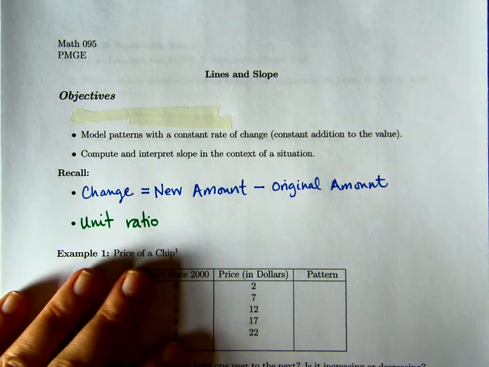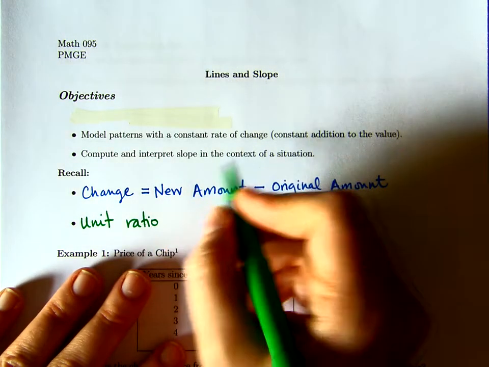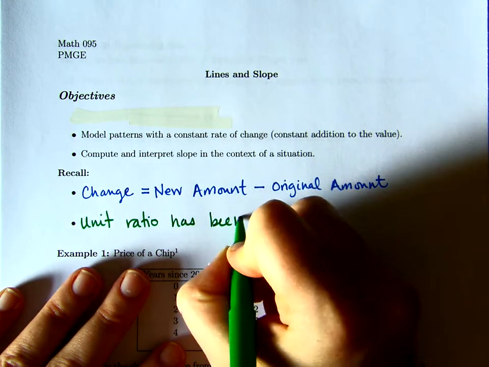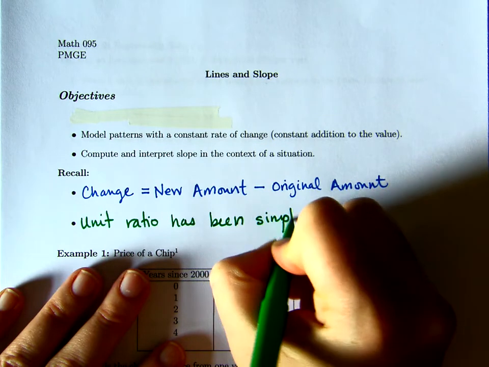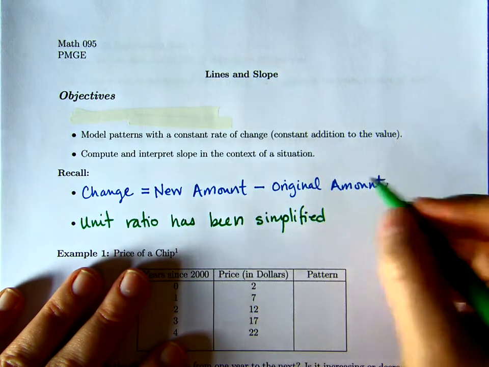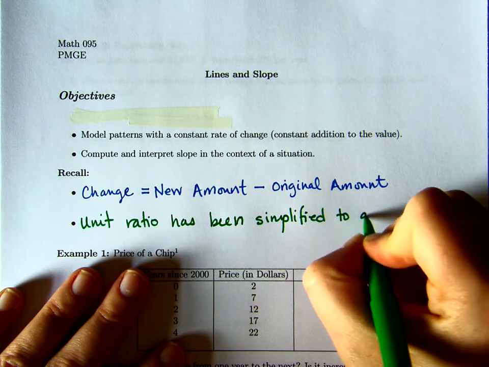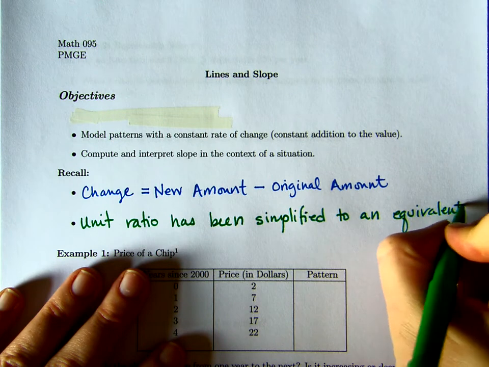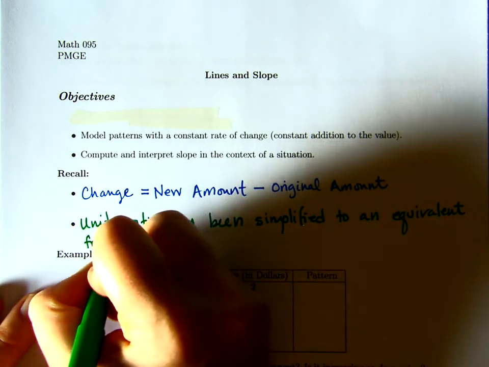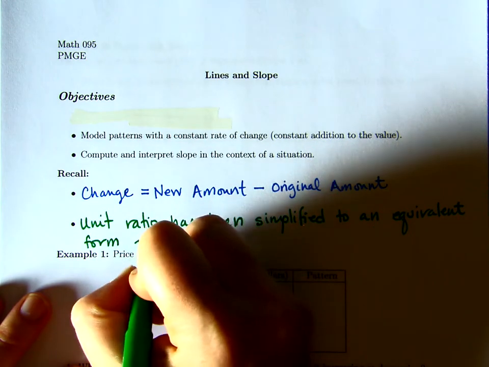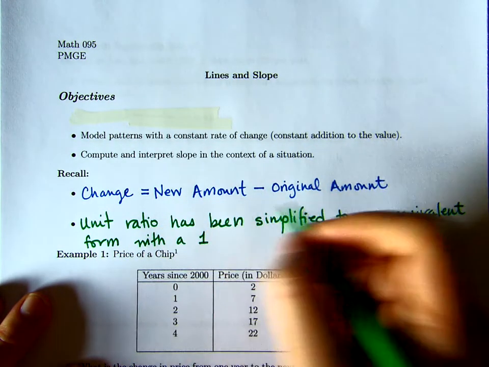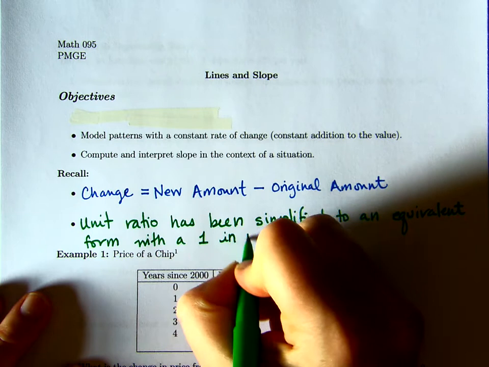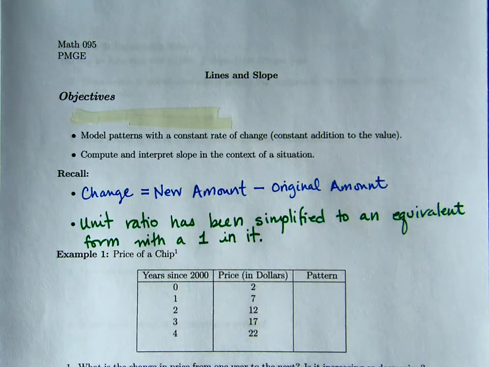So a unit ratio has been simplified to an equivalent form with a 1 in it, or as one of its values.